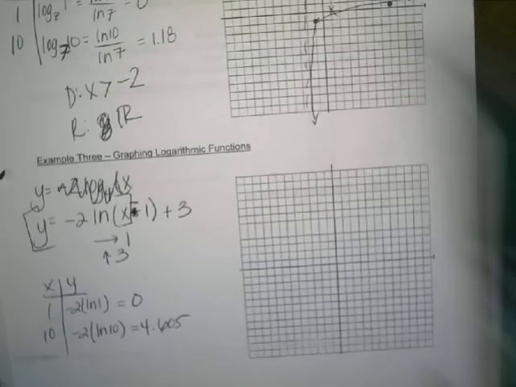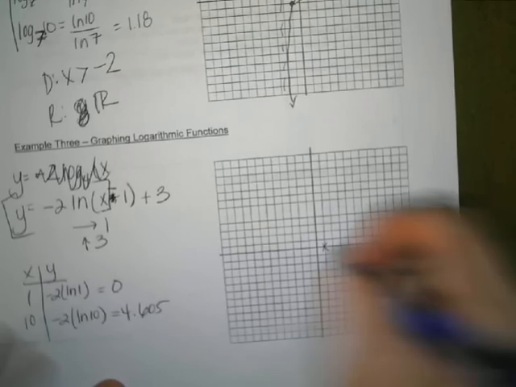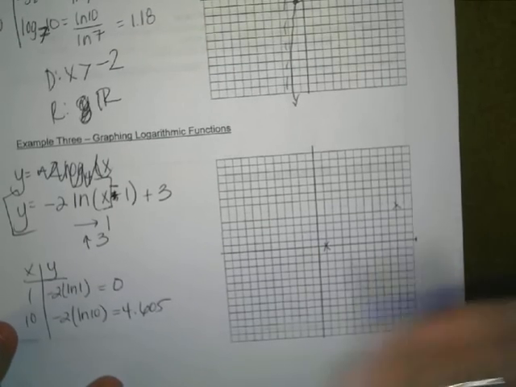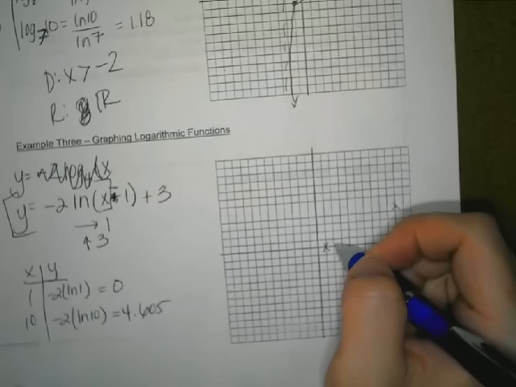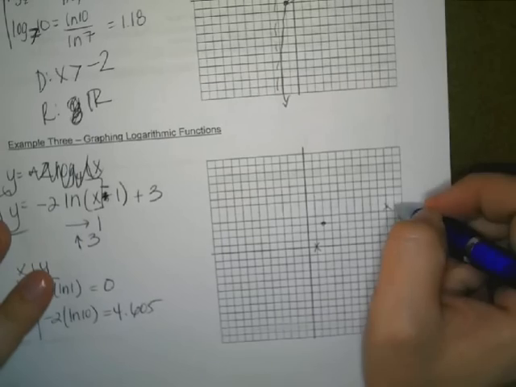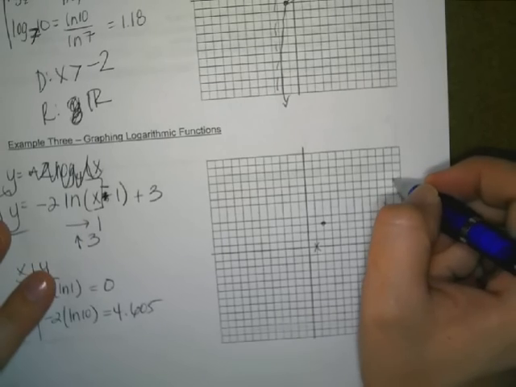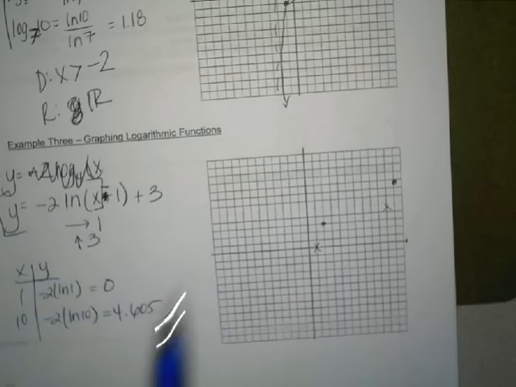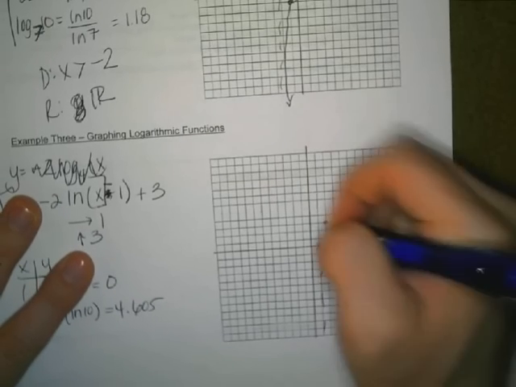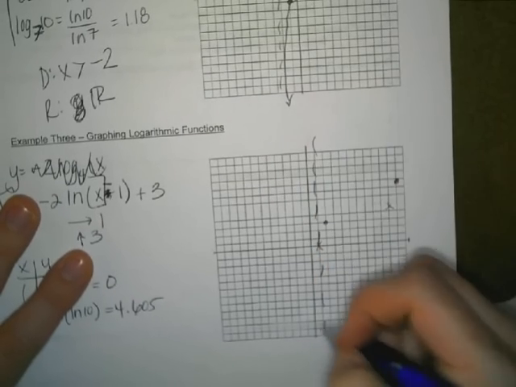Okay, we'll plot those two. Then go right 1 and up 3. And then because my graph shifted to the right 1, my asymptote is also going to have shifted right 1. Draw my graph.